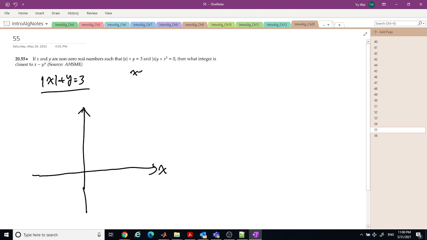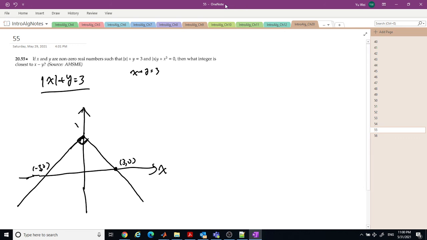In this case, it's x plus y equals 3, so if x is greater than 0, it will be this. And if x is less than 0, it will be at 90 degrees, so it will be this. So this is 3 and 0, and this is negative 3 and 0.